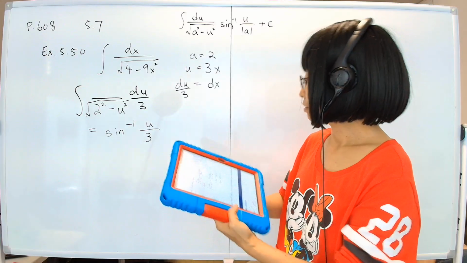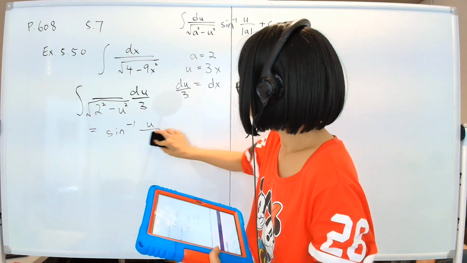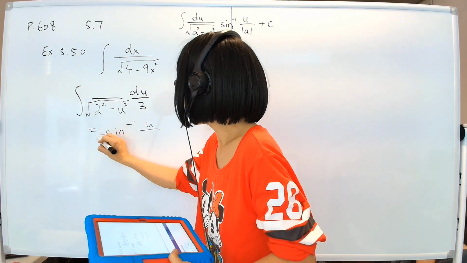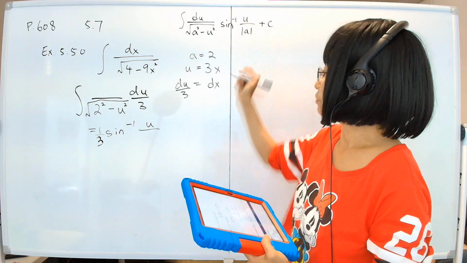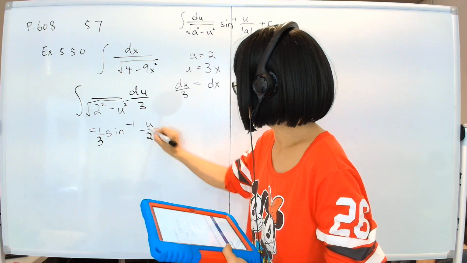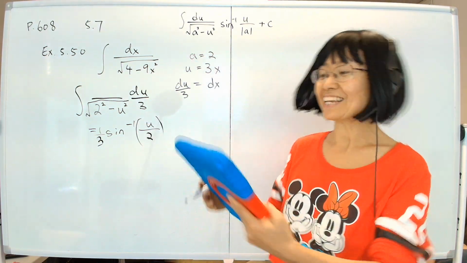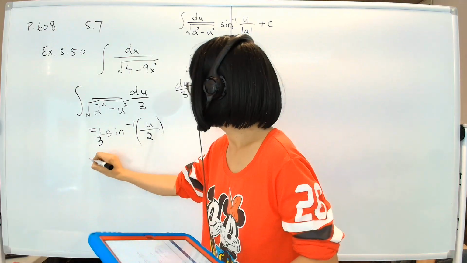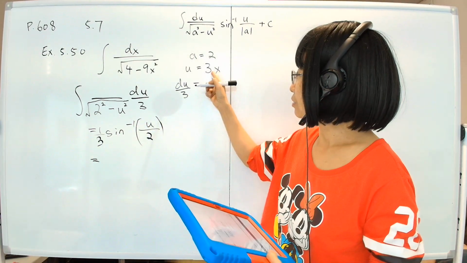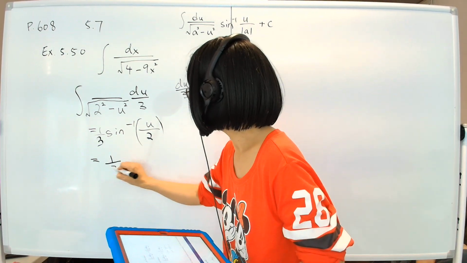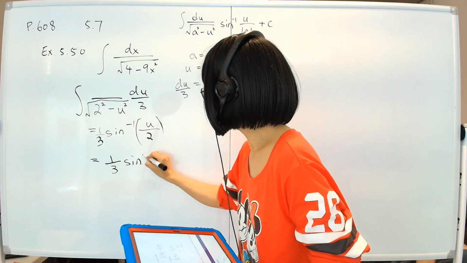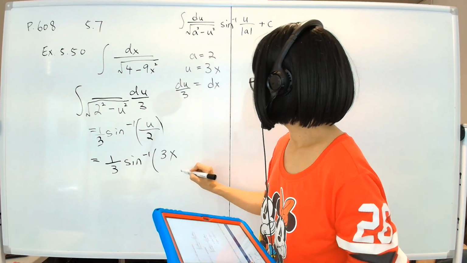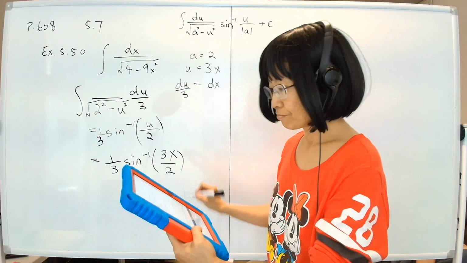Sorry, the 1/3 is over here. That's just the number. And then the formula says sine inverse of u divided by 2. Then we plug the u back in. u is 3x. So it's 1/3 sine inverse of 3x divided by 2. And that should be it.